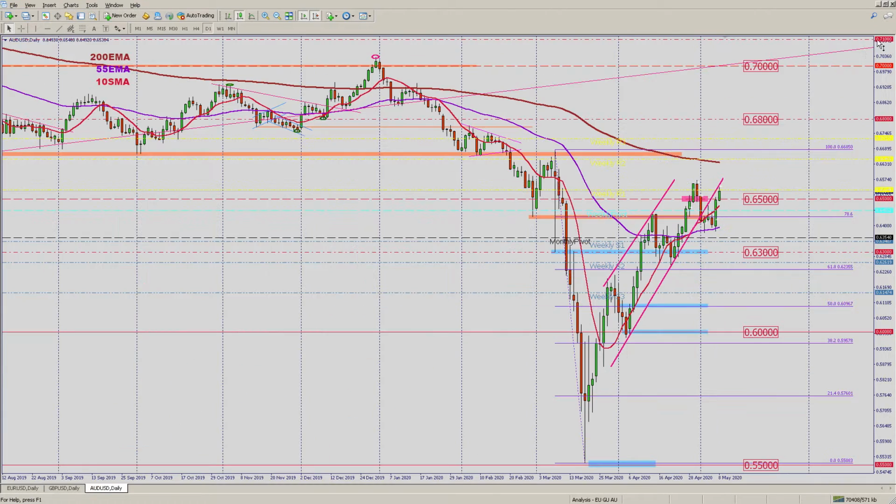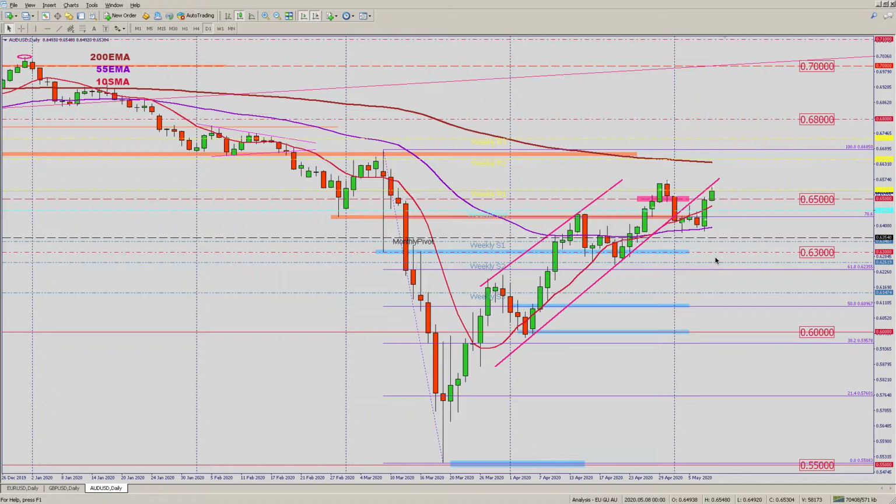Moving on to the Aussie dollar. The RBA as well left rates unchanged, as expected, but it managed to find stronger support at the daily 55 and rebounded higher towards the end of the week.